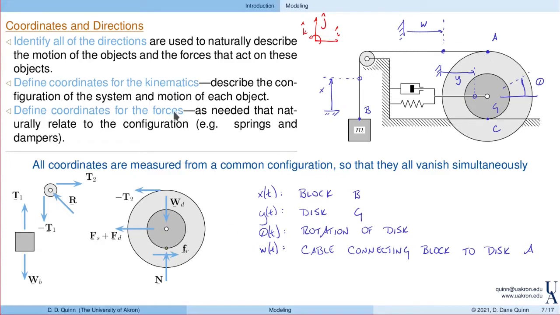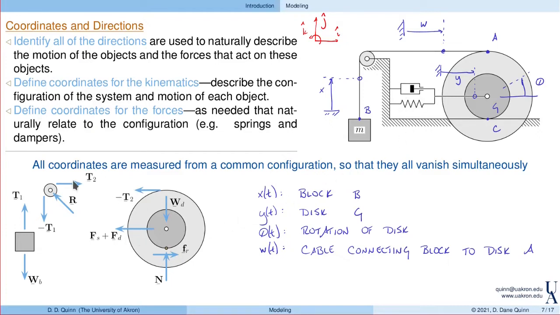Now, we need to define coordinates for the forces. We need coordinates when forces are related to the configuration, and those are in particular springs and dampers. Notice that none of these forces, with the exception of Fs and Fd, are from springs or dampers.